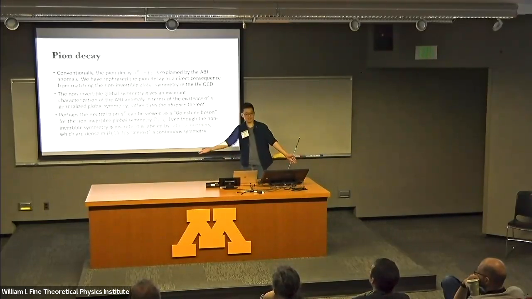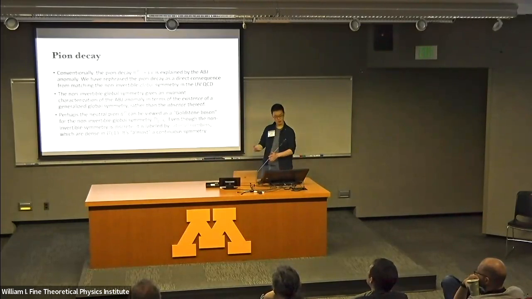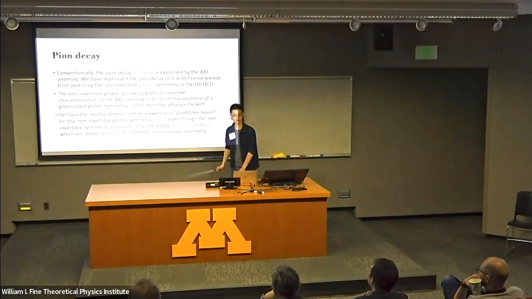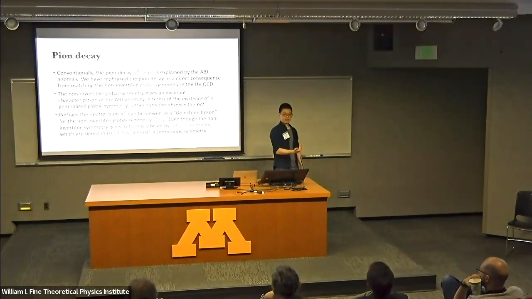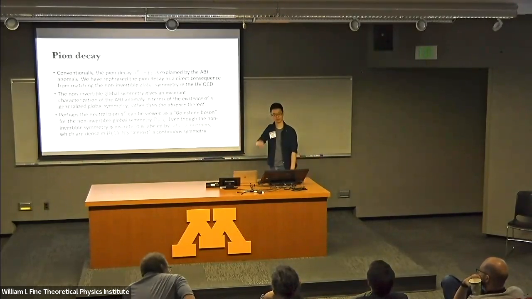But again, it's labeled by rational numbers, so it's almost like a continuous symmetry. And perhaps that's the reason why the neutral pion is so light while at the same time admitting a non-derivative coupling with F wedge F.